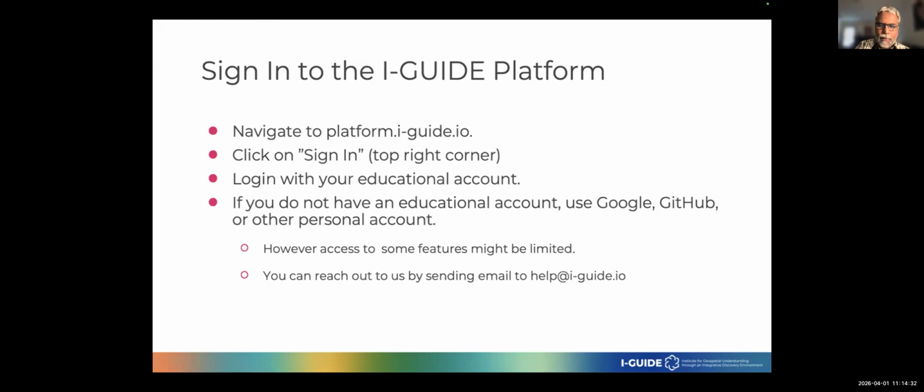If you don't have an educational account, you can use other things like Google and GitHub, but the set of features would be limited for you, and you can reach out to us at help@i-guide.io. So for anything with the platform, if you need any help, you can send an email to this address.